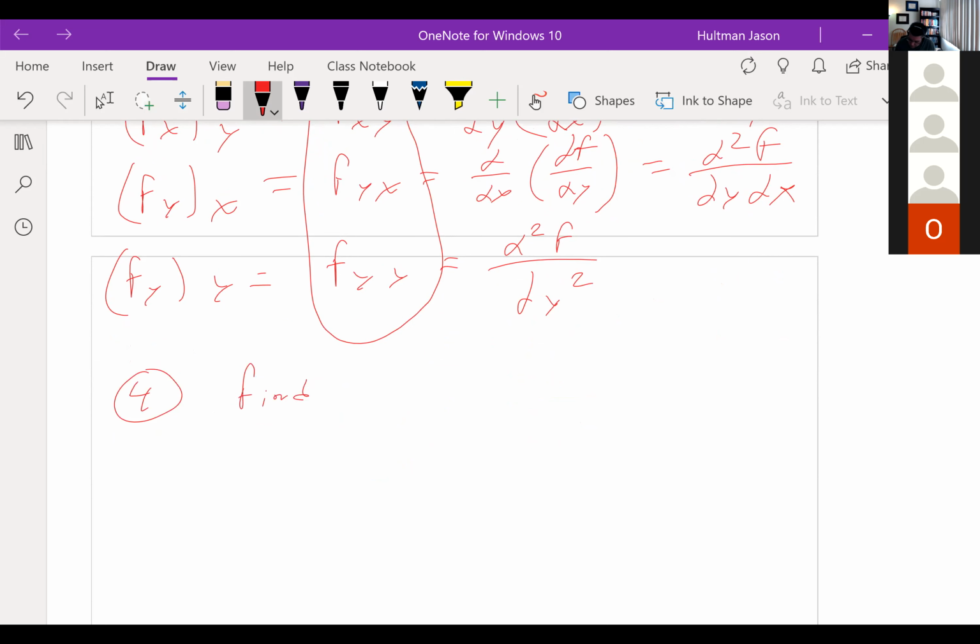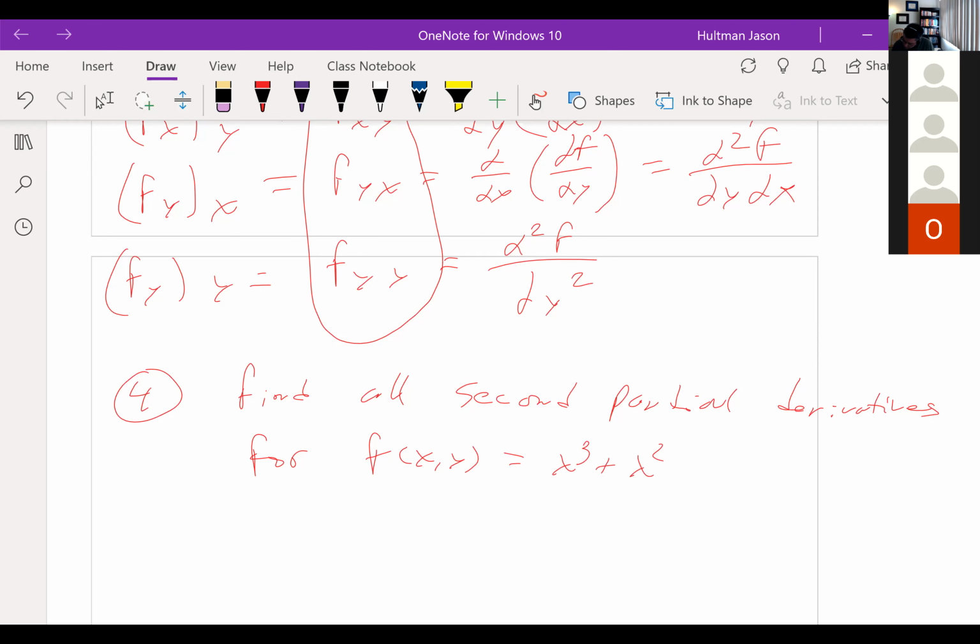Find all second partial derivatives for f of xy equals x cubed plus x squared y cubed minus 2y squared.